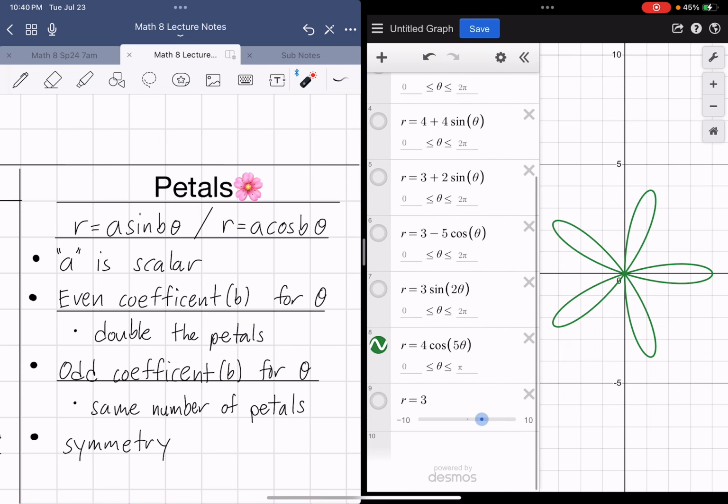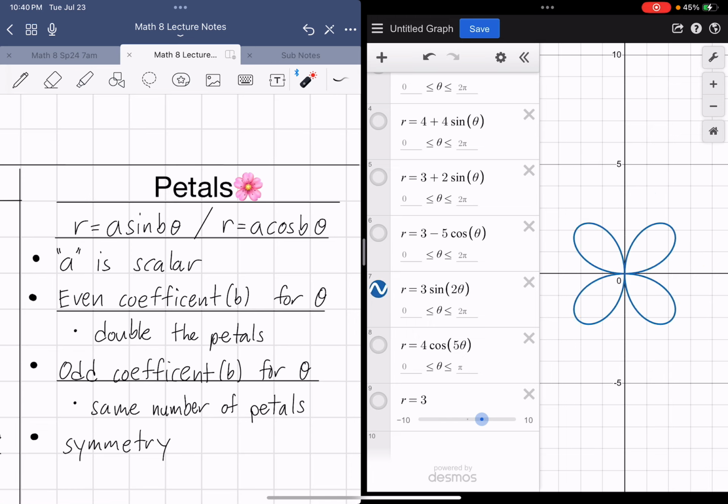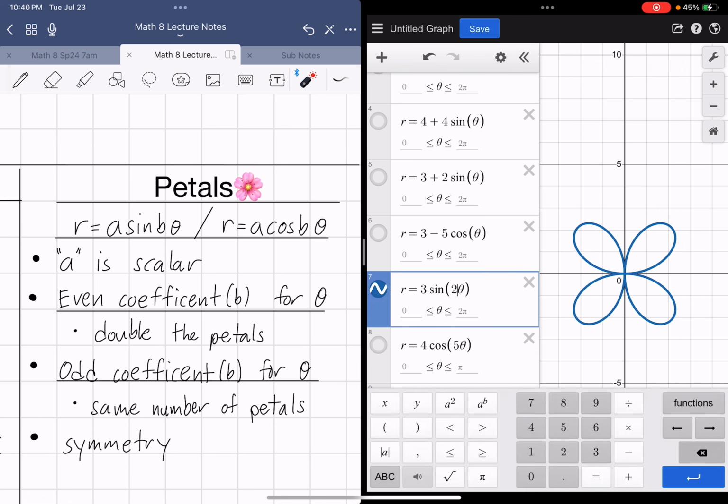Again, if you want to add more additional concepts of symmetry, you can, right? I can change one of these numbers, 3, right? Because it's sine, you might want to say that there'll definitely always be symmetry over the y-axis, right? Look, odd number, you can see the odd petals.